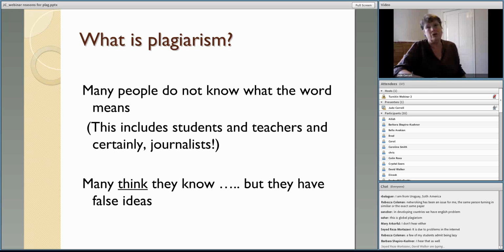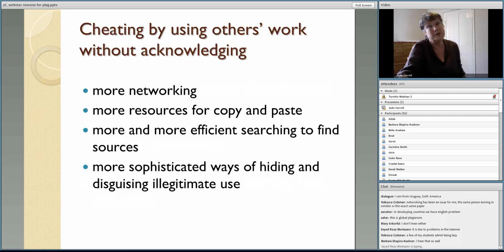Many people do not know what this word plagiarism means. This includes students, teachers, it certainly includes journalists, but many of them think that they know, and they have false ideas, and that's important, because one of the reasons we're looking at the causes is we have to look at the causes for what plagiarism really is and not what we think it is.